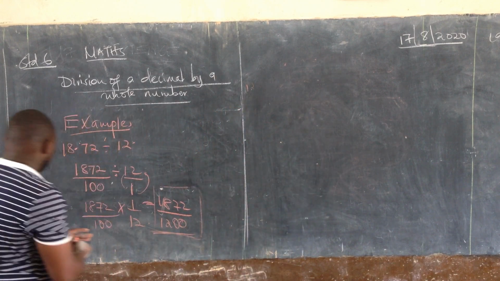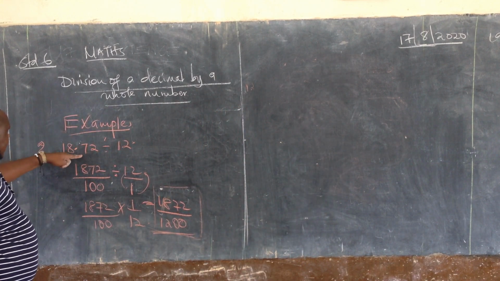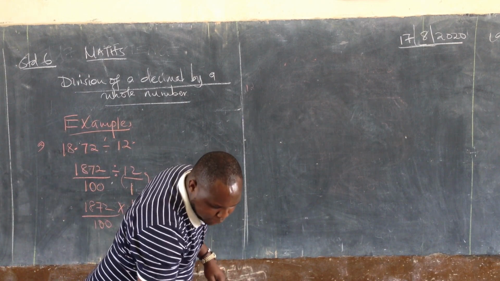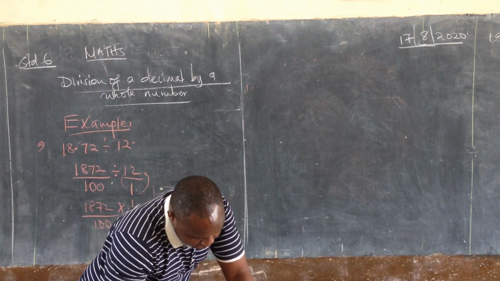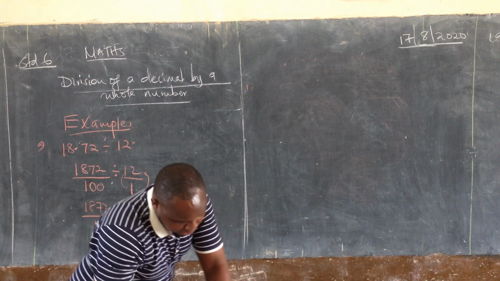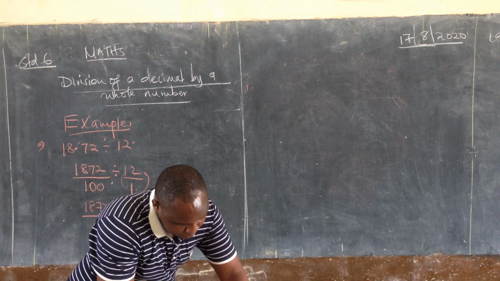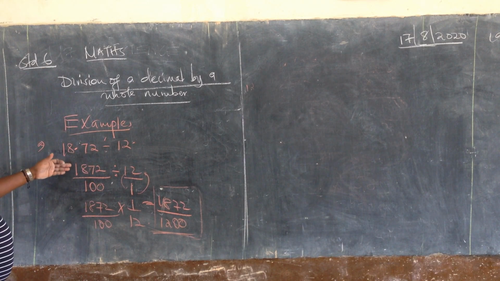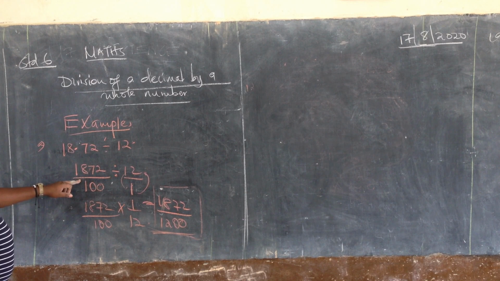So this is 18.72 divided by 12. It becomes 18.72 over 100 divided by 12.